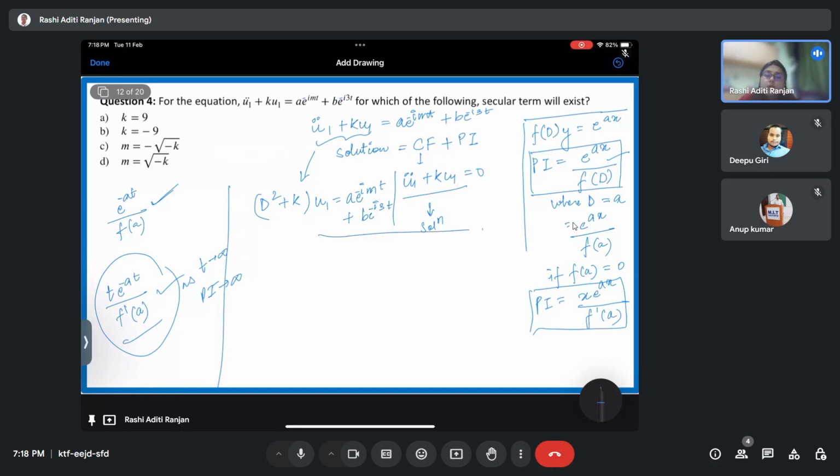So in case of a secular term, what should happen? See, for particular integral 1, what are we going to have? We are going to have a e to the power divided by d square plus k. Here we have to replace, sorry, I'll skip this step. We just replace d with what? m and i, right?